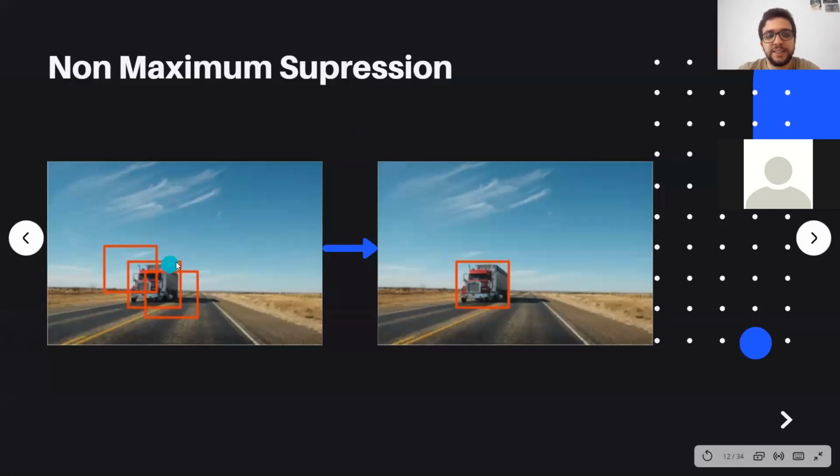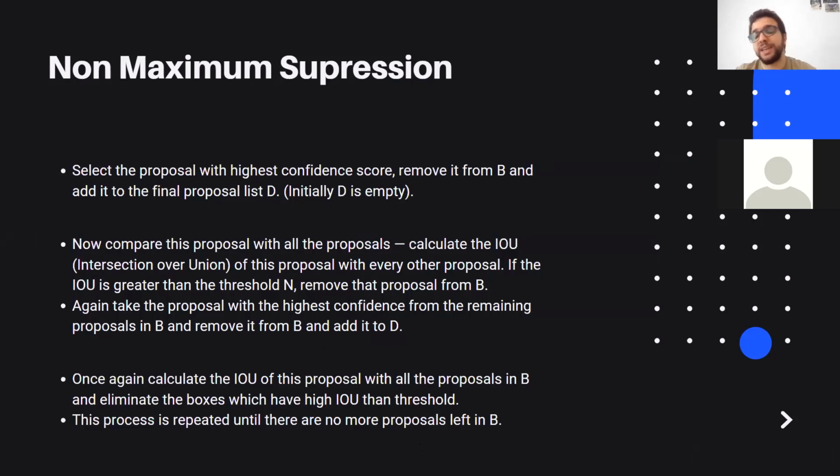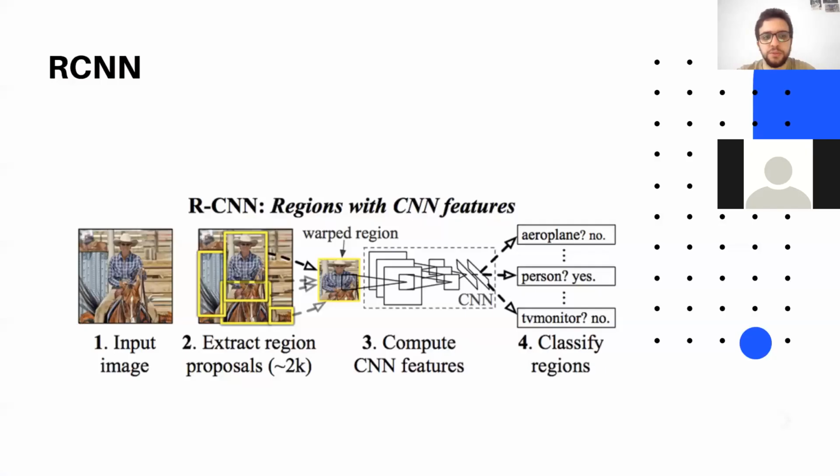So for example, in this case, we selected the middle bounding box, and then we started searching for other bounding boxes that overlap significantly with our chosen bounding box, and then removing them from the predictions. The details of the algorithm are here, but the algorithm is completely simple and very predictable.